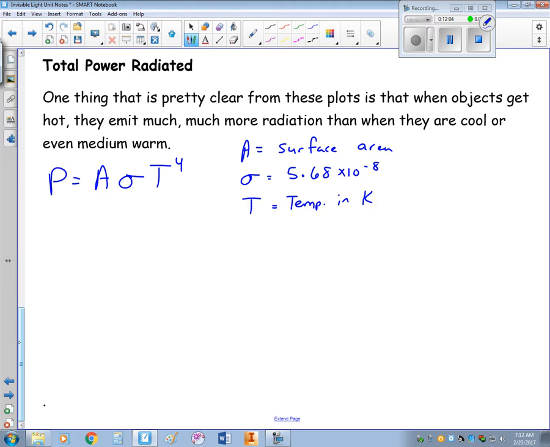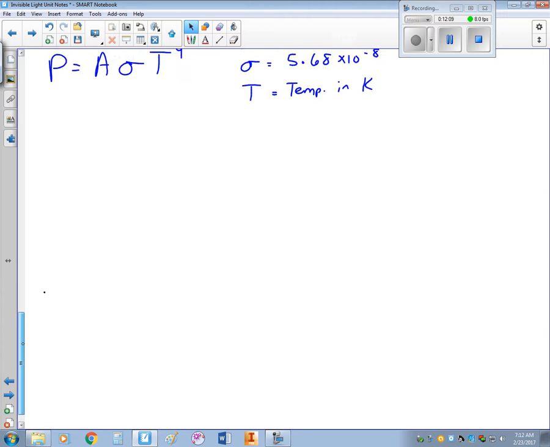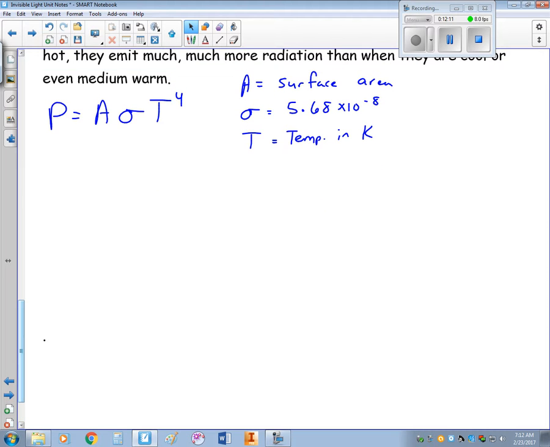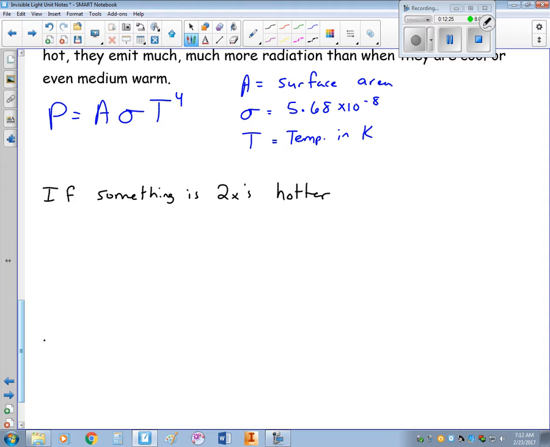So if something is twice as hot, it's going to emit 16 times more energy.